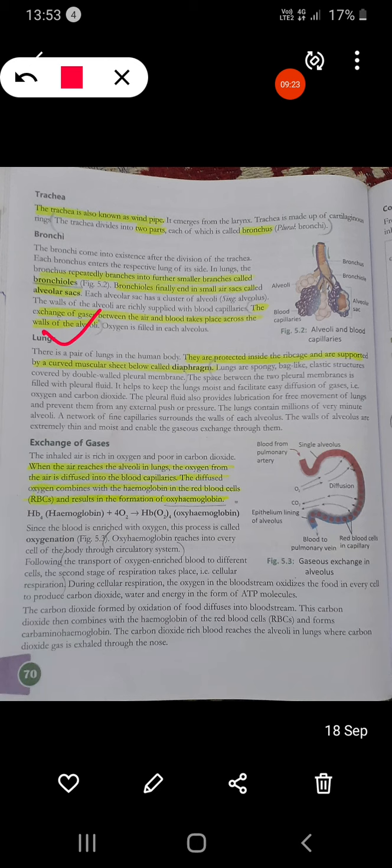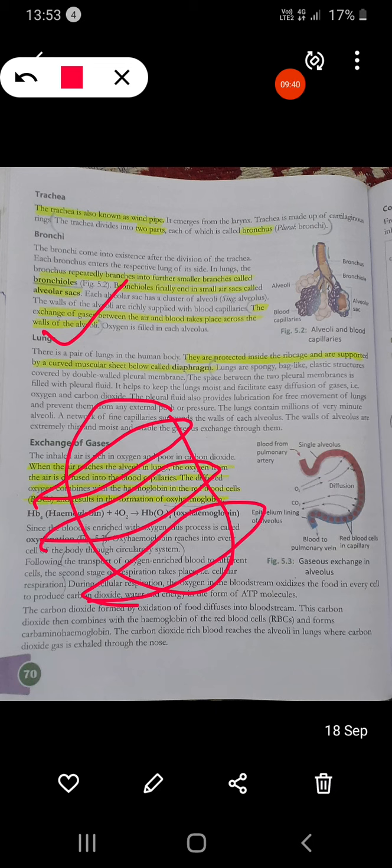So children, the main organs are the lungs. Children, what is the location of the lungs? They are protected inside the rib cage. Around the lungs there will be a bone-like structure like this. These are the rib cage, or we can say it is a protective cage.